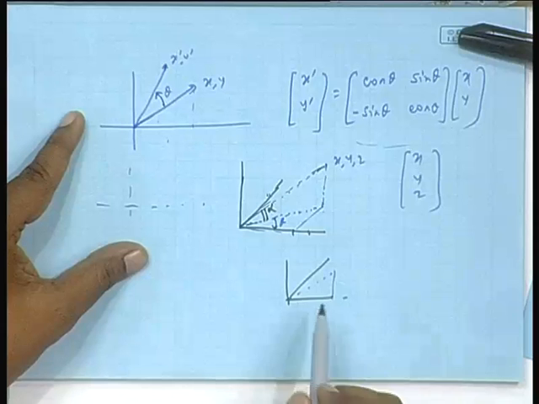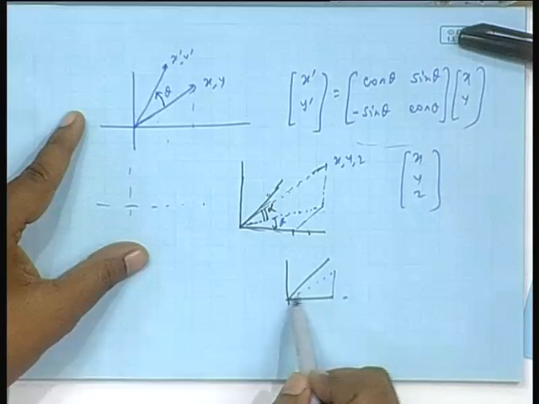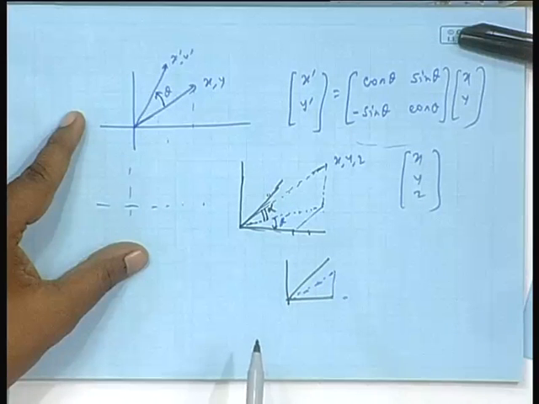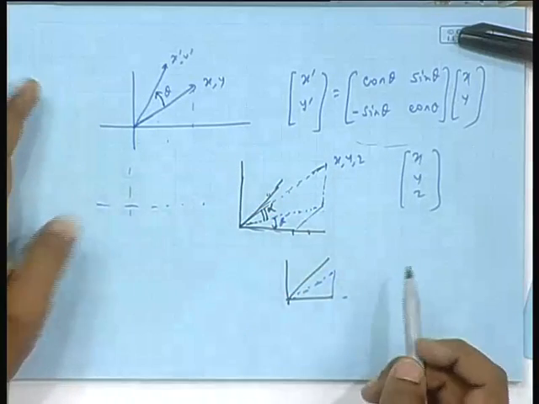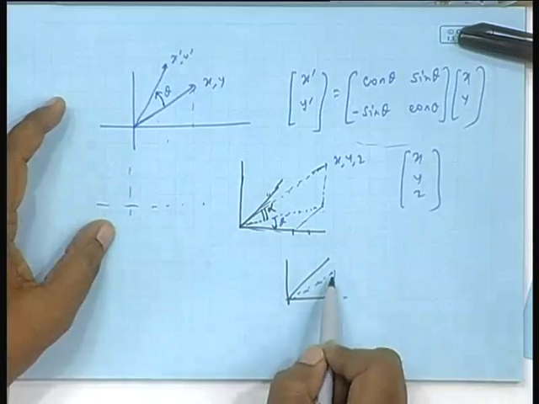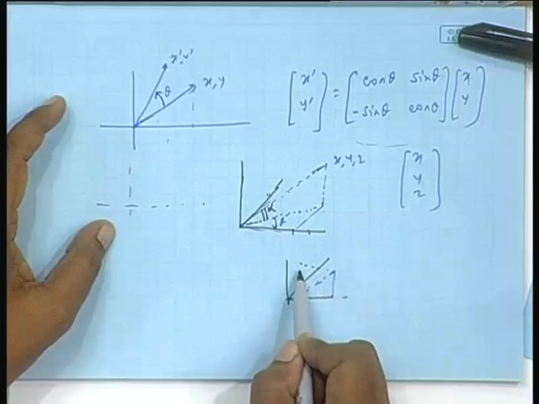Now in this new coordinate system, this vector will have at least one coordinate equal to 0, isn't it? We have rotated. So the y coordinate is 0. Then you take the projection of this fellow on this plane.